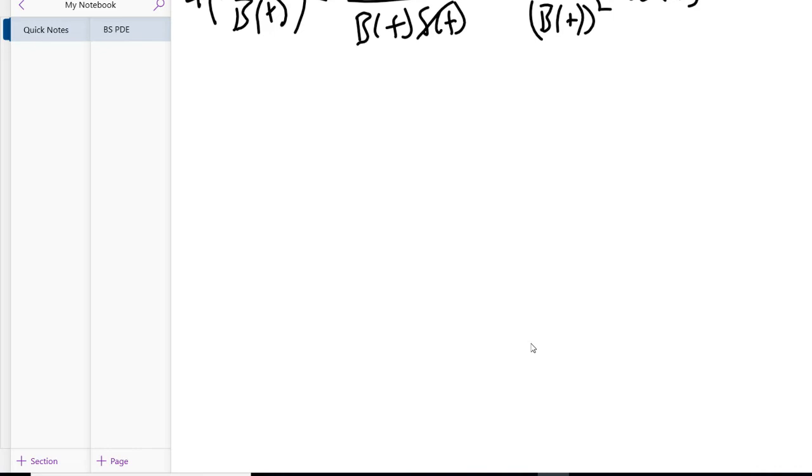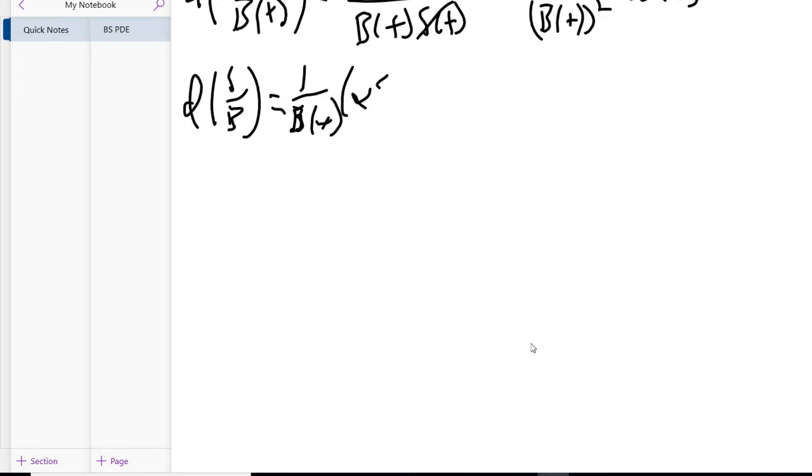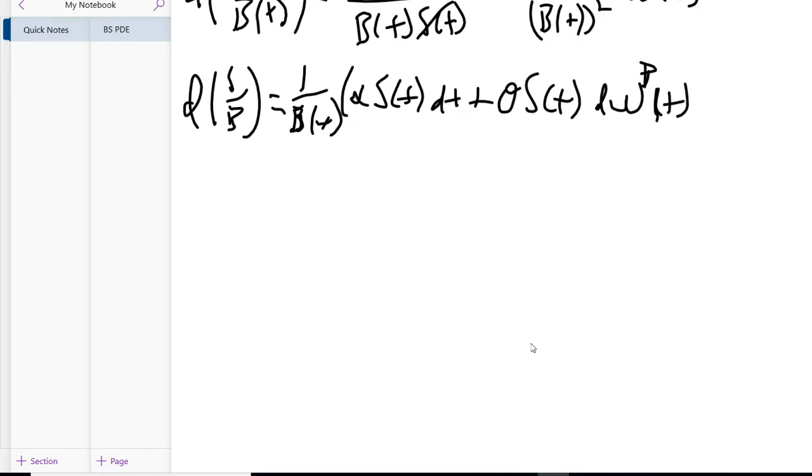So we're going to get d, I'm going to drop the t's here to save a little room, equals 1 over bt times, and then I'm going to fill in the underlying stock dynamics: alpha St dt plus sigma St dW. Again, I'm going to keep the P so that we don't get confused here.